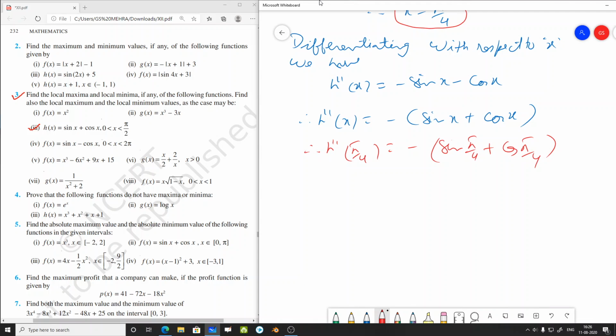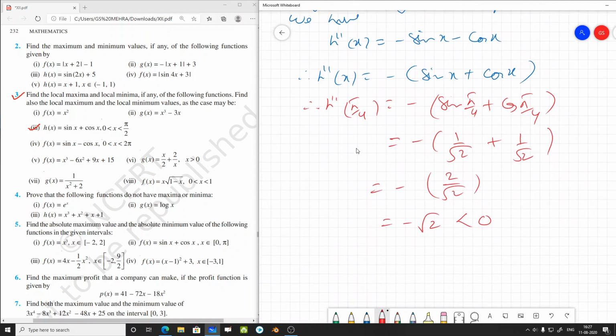There is no need to calculate this because our aim is only the sign, but we can put the value anyway. Sin pi by 4 is 1 by root 2, and cos pi by 4 is also 1 by root 2, so that gives minus 1 plus 1, that is 2 by root 2, which is equal to minus root 2, and it is less than 0.